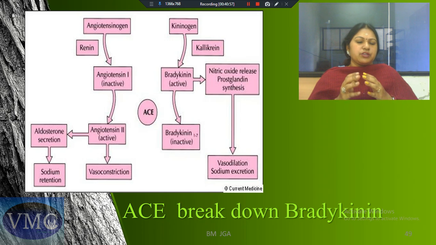Before that, let us look at the link between ACE and bradykinin. ACE causes breakdown of bradykinin, making it inactive. Bradykinin is a very important vasodilator present in the extracellular fluid. So ACE breaks down bradykinin. Store this in your mind for when you read about the pharmacological basis of ACE inhibitors.